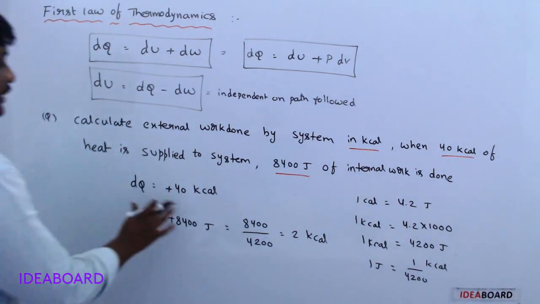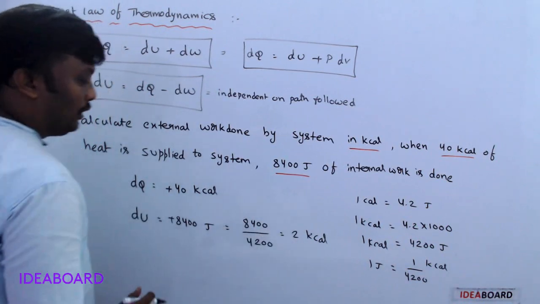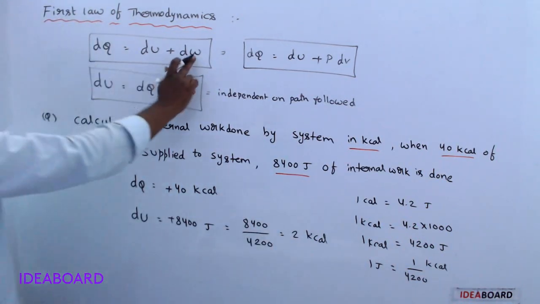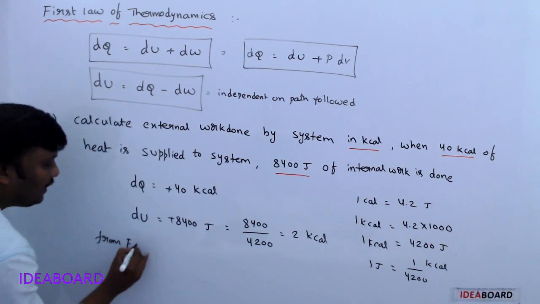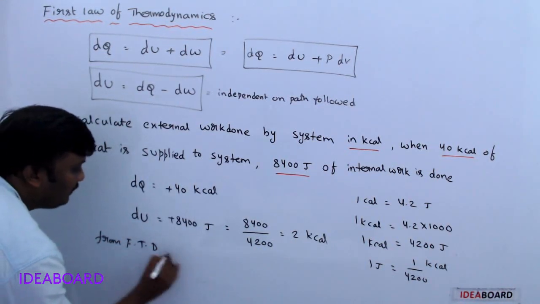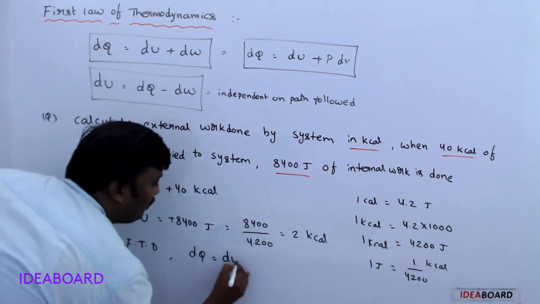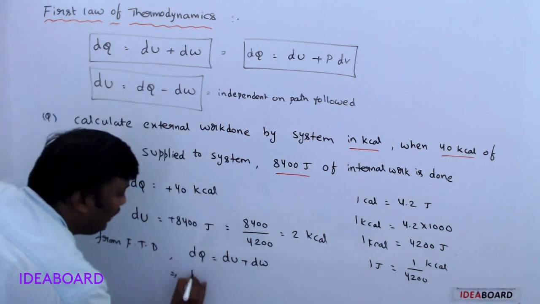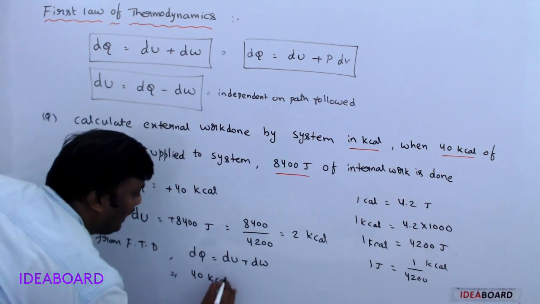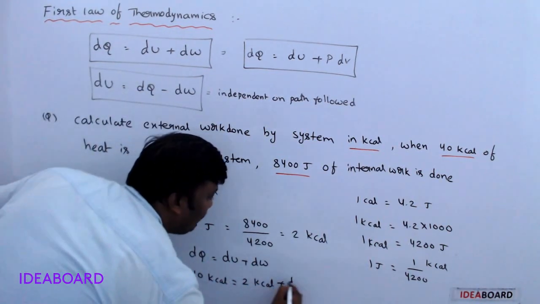So we got dq as plus 40 kilocalories, du as plus 2 kilocalories. Now we want dw. From the first law of thermodynamics, what is the formula? dq is equal to du plus dw. dq we got 40 kilocalories, du 2 kilocalories plus dw.